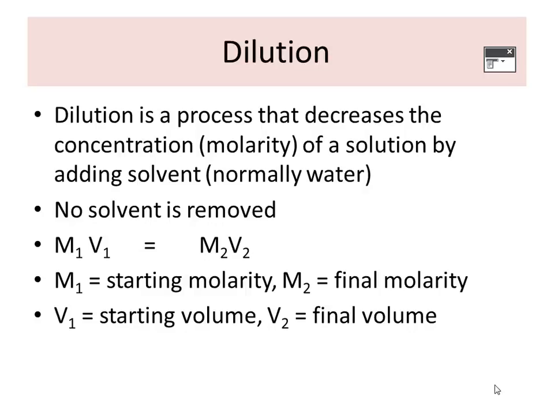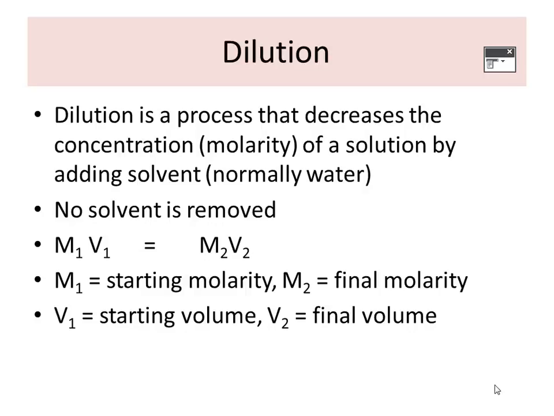When you have that lemonade that's frozen, it's highly concentrated. And then what do you do to make it so you can drink it? You add water to it. So you're diluting the sourness of the lemonade so that it's palatable. So that's what dilution is. You're increasing the volume by adding more water, therefore decreasing the concentration.